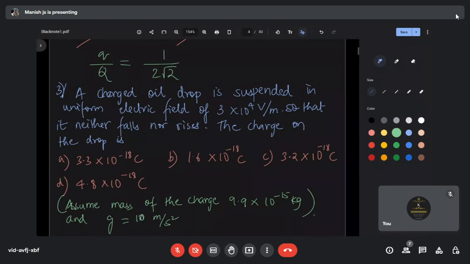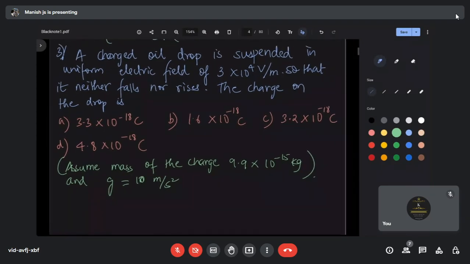G வந்து small g வந்து is acceleration due to gravity. Okay, so these are all the given things. So now you have to find out what is the charge on the drop.